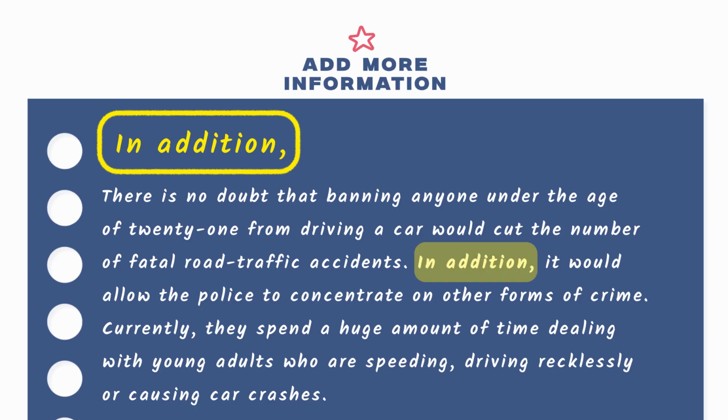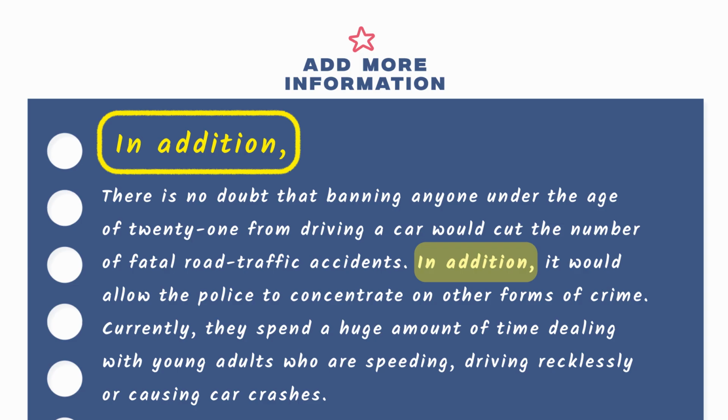And don't forget to use a comma after in addition, all right? It would allow the police to concentrate on other forms of crime. Currently, they spend a huge amount of time dealing with young adults who are speeding, driving recklessly, or causing car crashes. So you see how I use in addition in order to add more information.